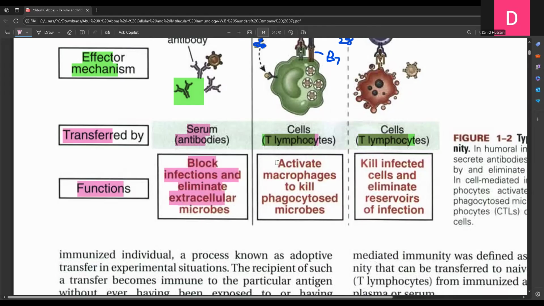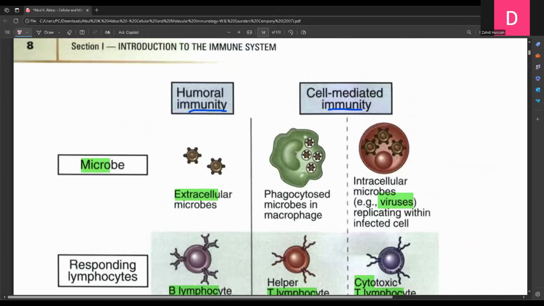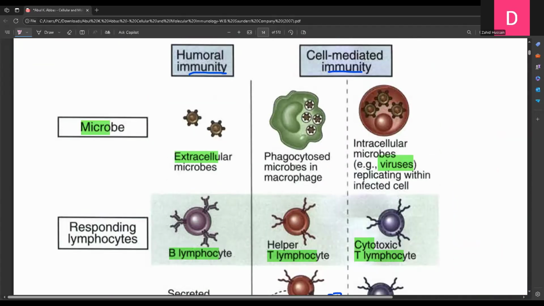In cell-mediated immunity, the TH cells will activate macrophages to kill phagocytosed microbes, and the TC cells will kill infected cells and eliminate reservoirs of infection. So this is a comparison of these two types of adaptive immunity, humoral immunity and cell-mediated immunity.